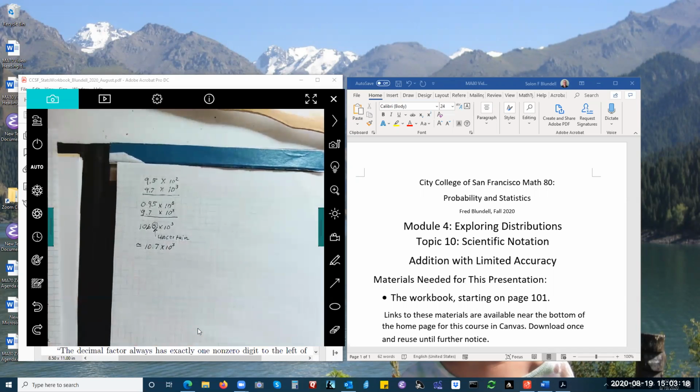I round to the tenths place because what's in the hundredths place is unknown, but well, it's at least 0.5, so it's going to round up. So you use whatever you have there for the rounding. Okay, that's all for this topic.